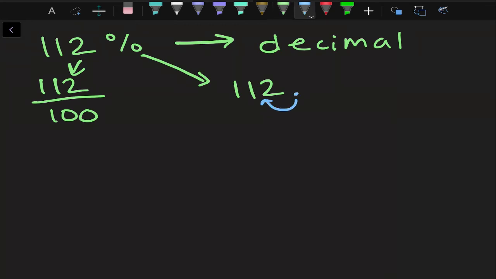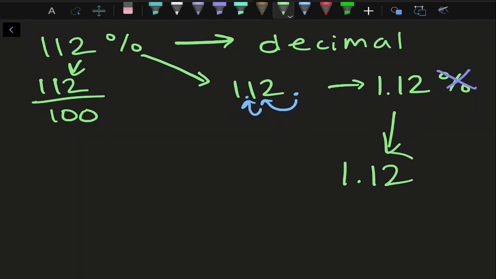So I move it 1, 2 spaces, which gives me an answer of 1.12%, but don't forget that second step. We get rid of that percent and we end up with an answer of just 1.12.